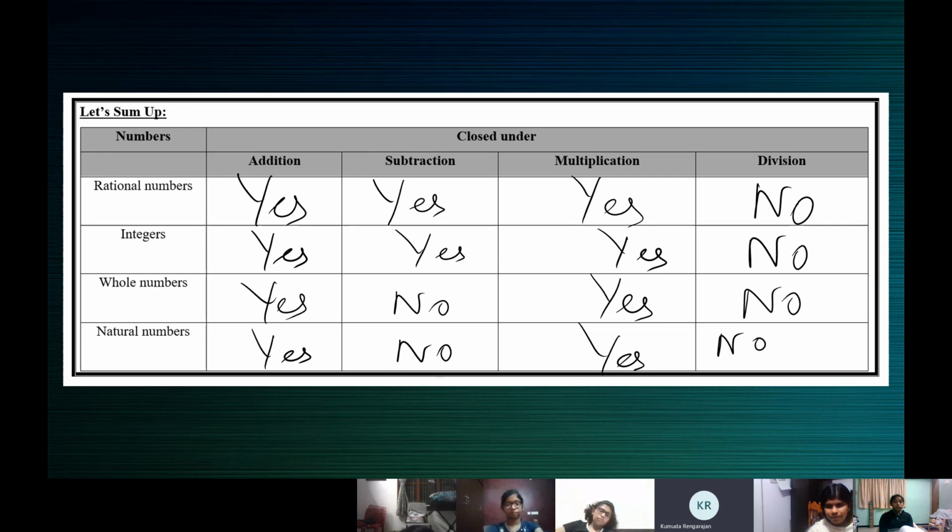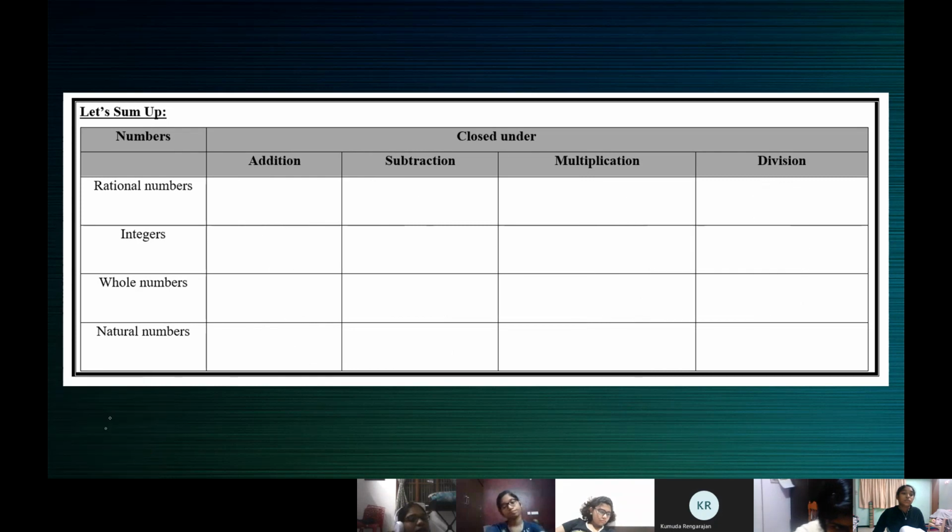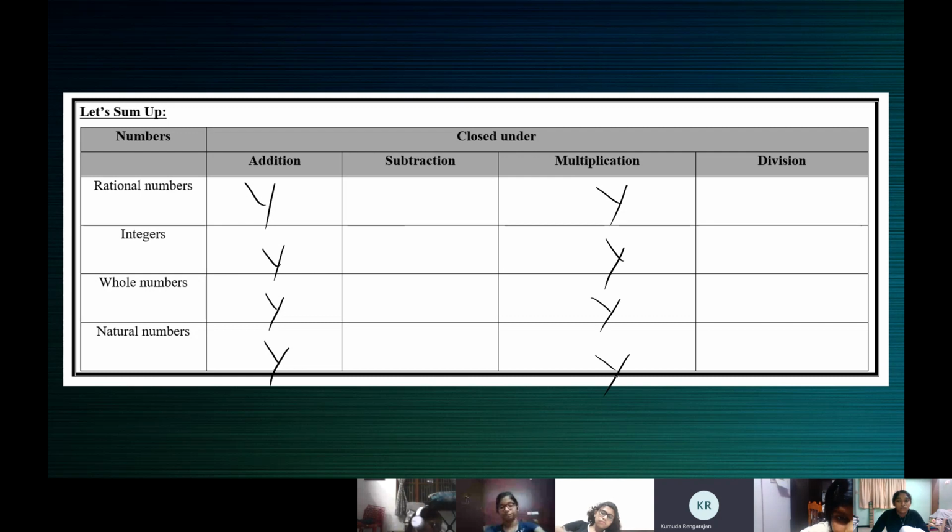We have already taken examples and understood, children. I'm not going to give you examples again. You can just remember like this. In all the 3 final tables, addition is yes, multiplication is yes.